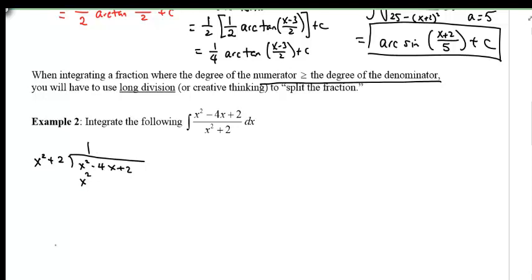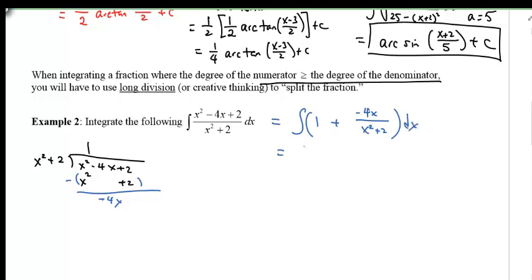X squared plus 2 times 1 is x squared plus 2. Notice I like to line things up. Makes it easier to subtract. X squared minus x squared is 0. Negative 4x minus 0 is negative 4x. 2 minus 2 is 0. So this just becomes the integral of 1 plus negative 4x, which is my remainder, divided by x squared plus 2.